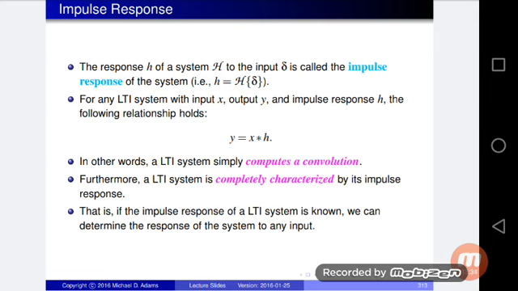Furthermore, an LTI system is completely characterized by its impulse response. That is, if the impulse response of an LTI system is known, we can determine the response of the system to any input.